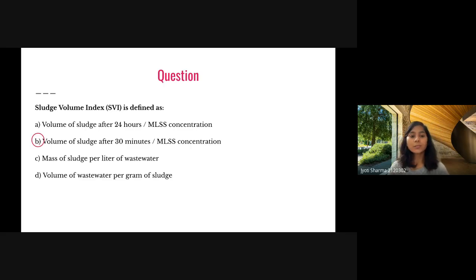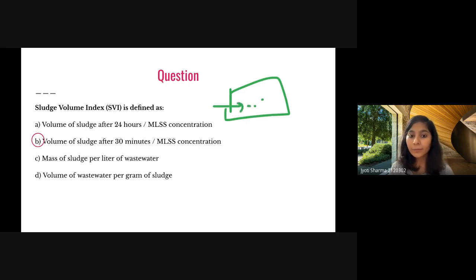So yes, this is the volume of sludge. So I am expecting that you understand what sludge is. Sludge is, whenever you have microorganisms in the aeration tank and some organic matter is coming in the polluted water, there will be some degradation.